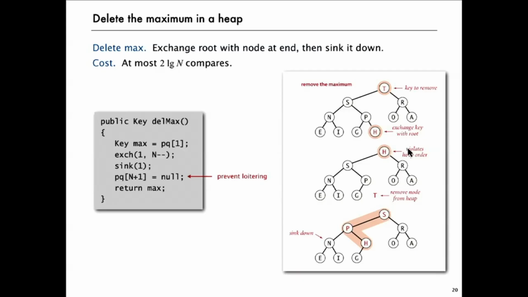It's going to be smaller than both of its children, so we do a sink. Now, to implement delete max, we save away that value at the root in max, and we eliminate loitering by nulling out that vacated position, then return the max value. So that's an implementation of the delete max operation for a heap using sink, where a key value that decreases goes down in the heap.